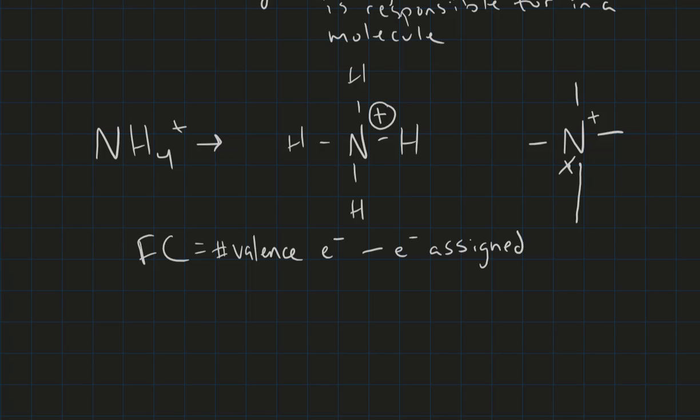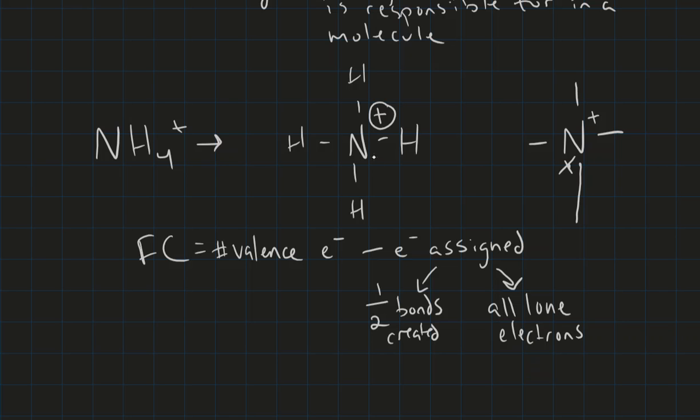Now, what the heck does that mean? That sounds a little confusing, right? What I mean by that is it's half of the bonds that it creates, because remember, it's only contributing to half of that bond. Half of those electrons in those bonds come from the other element. And then I'm also talking about all lone electrons on it.